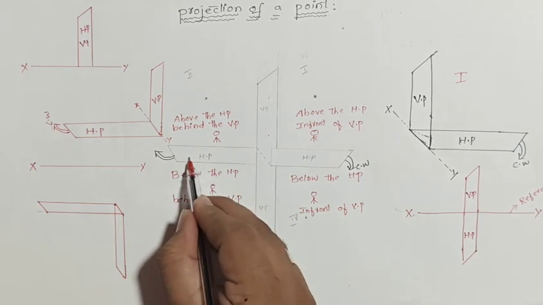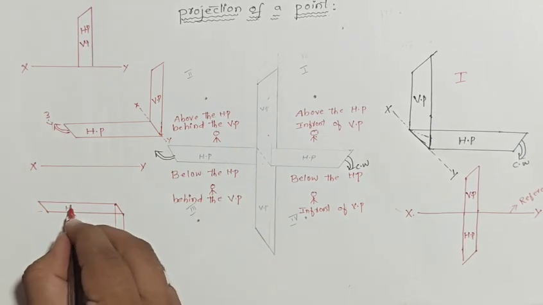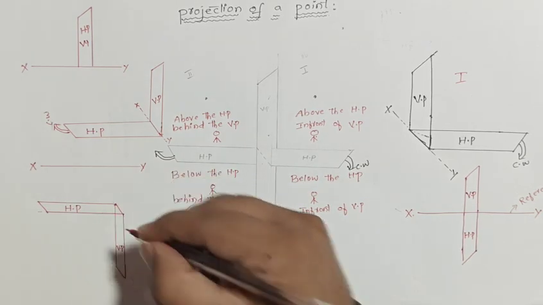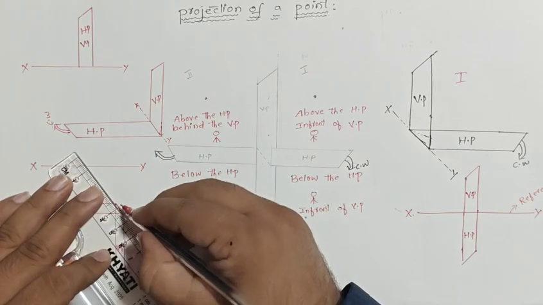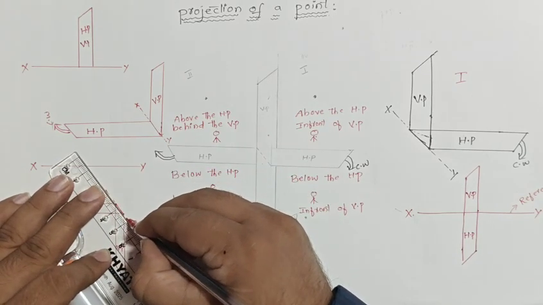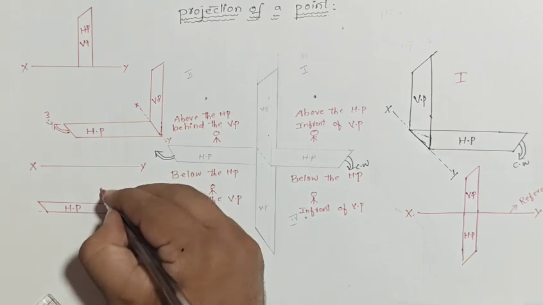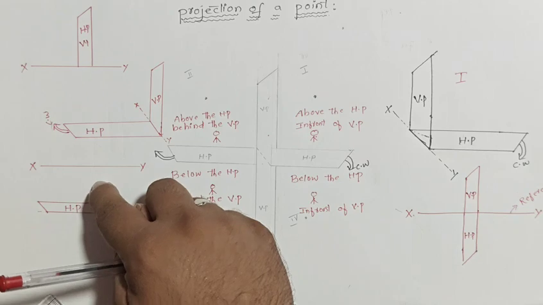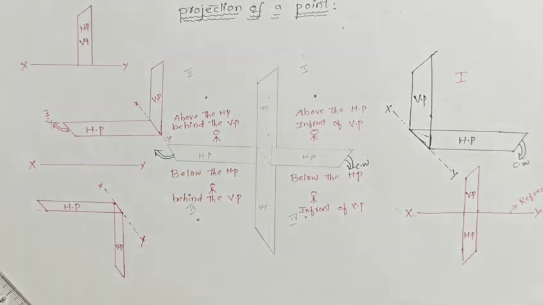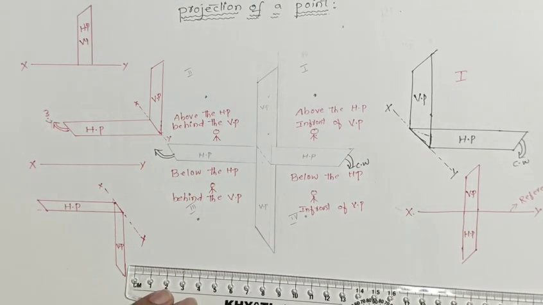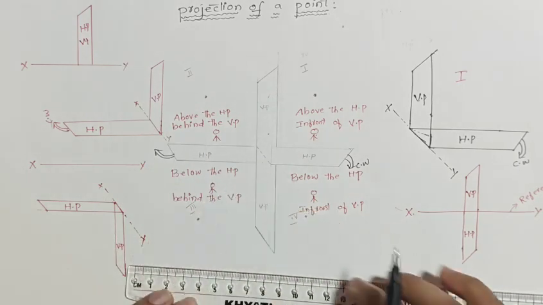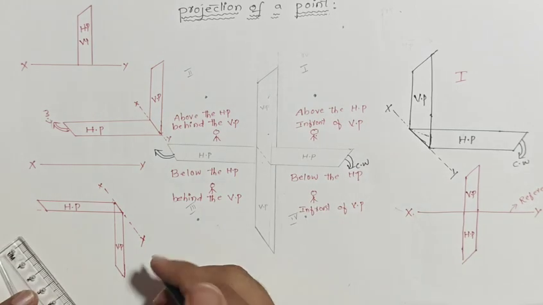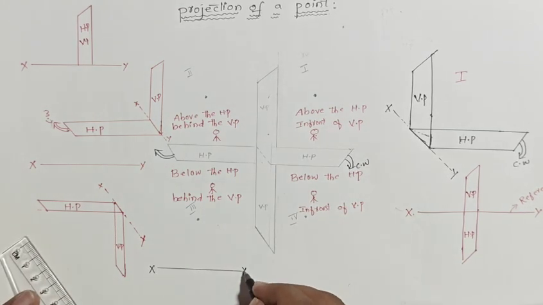So here I am representing the horizontal plane and the vertical plane. This line indicates the reference line, represented as x and y. First draw the reference line x and y.